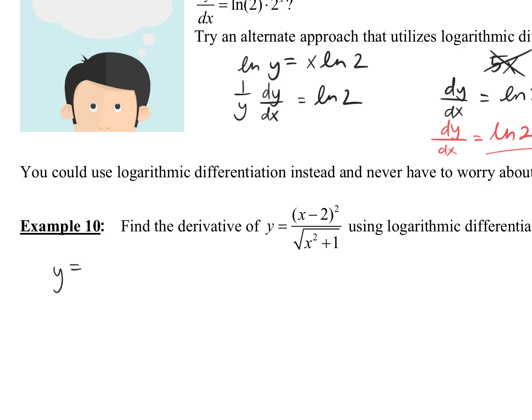So the main one here is, when I divide using logs, what operation am I using? Subtraction. So I'm going to take the natural log of that side. And then the natural log of this side would be x minus 2 squared minus the natural log of, I'm going to write it as x squared plus 1 to the 1/2 power.